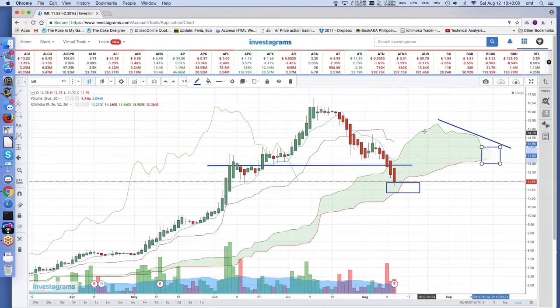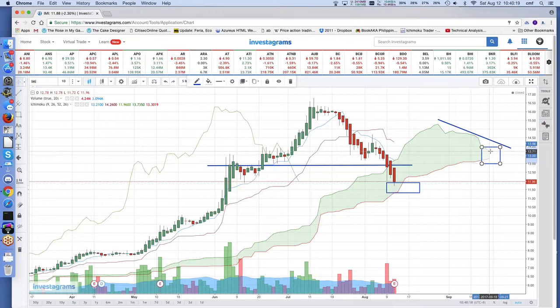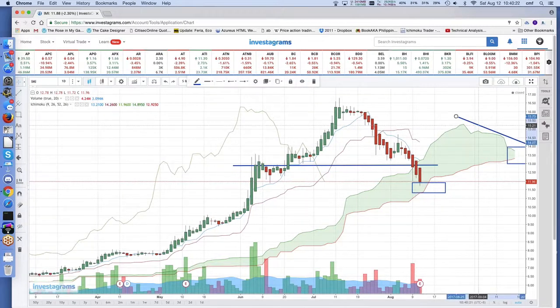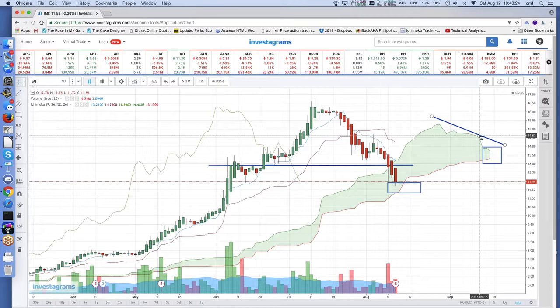This means that the 52 and the 26 period average, or the Senkou A and the Senkou B, are starting to have the same average levels. Therefore, the short-term picture becomes less bullish because this is sloping down.